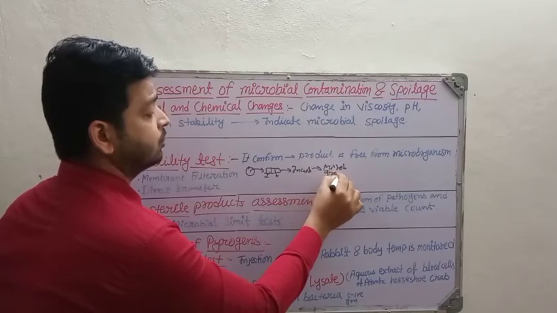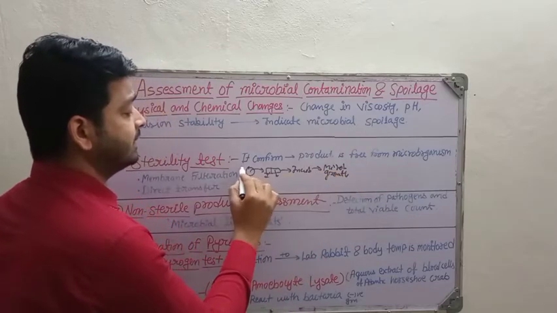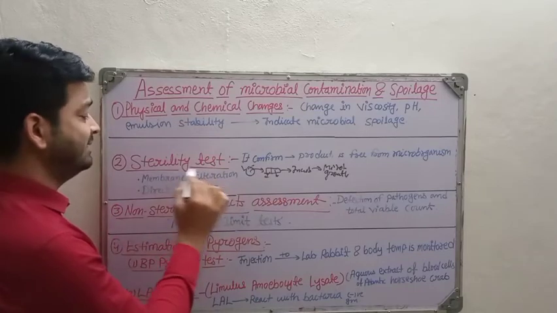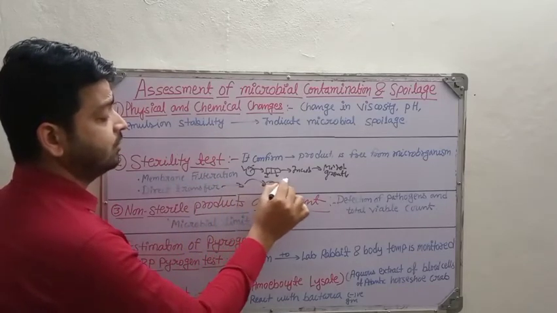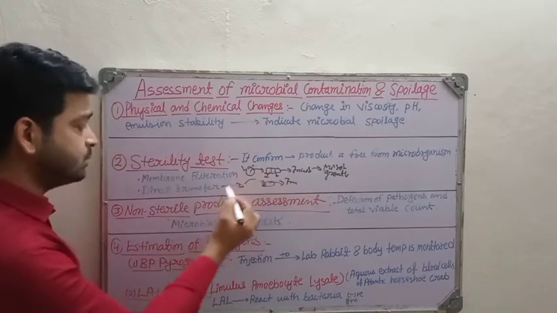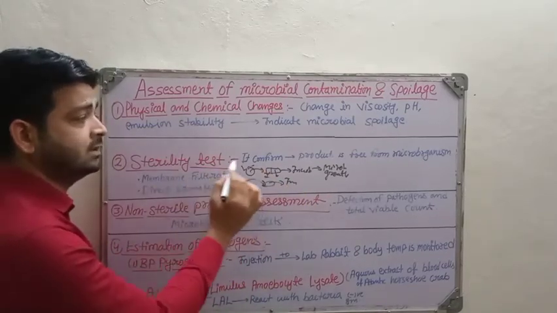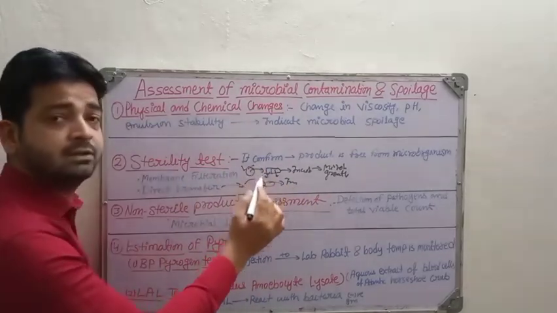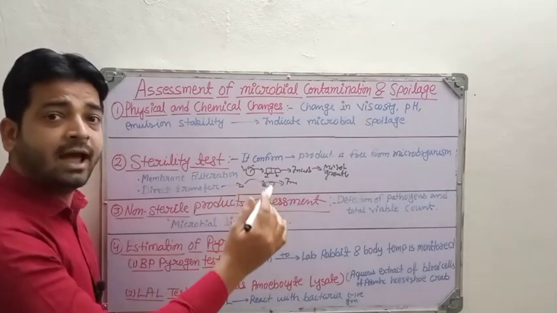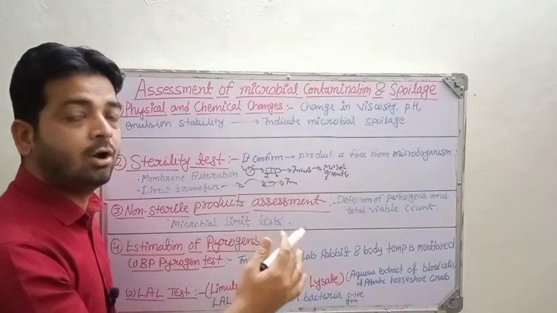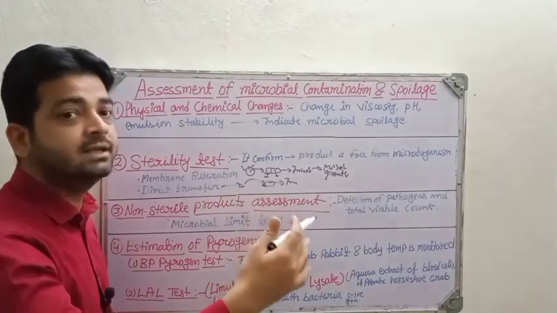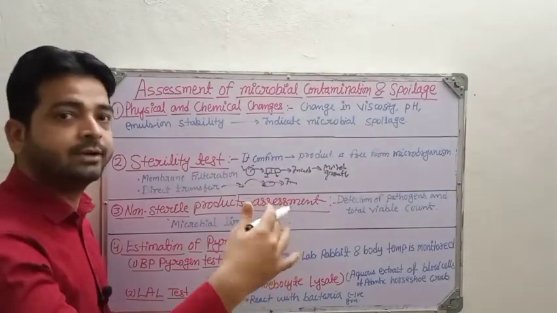If microbial growth is there, the product is spoiled. In direct transfer, we transfer the sample directly into the medium and go for incubation. In this way we test whether the given sample of drug, medicine or formulation has viable cells, and after incubation we check the turbidity or the colony count, and so on.